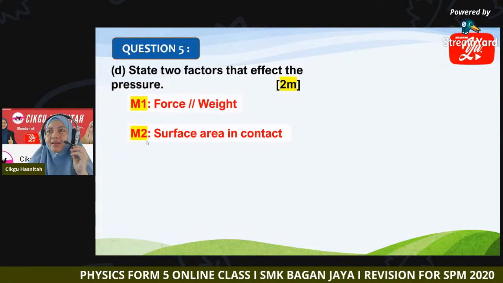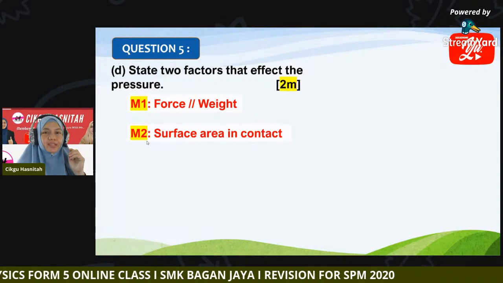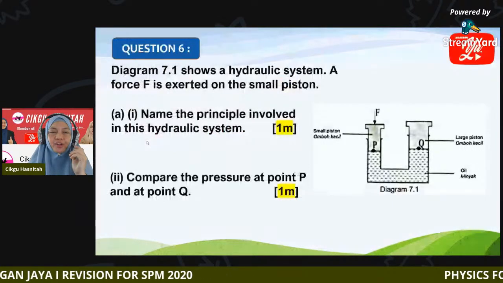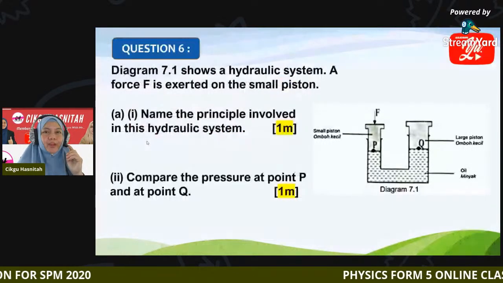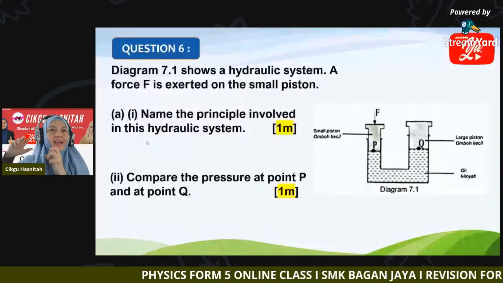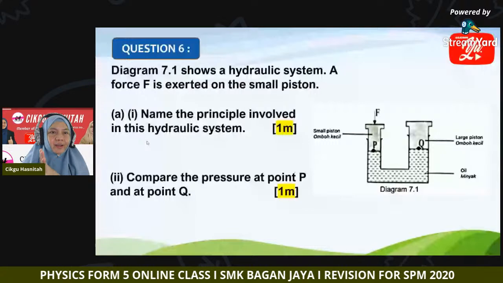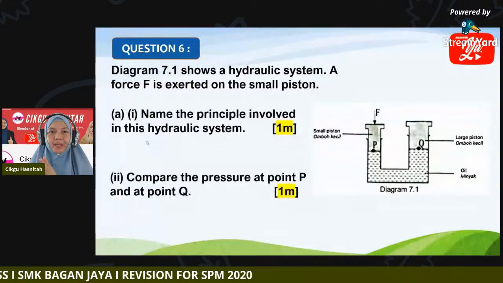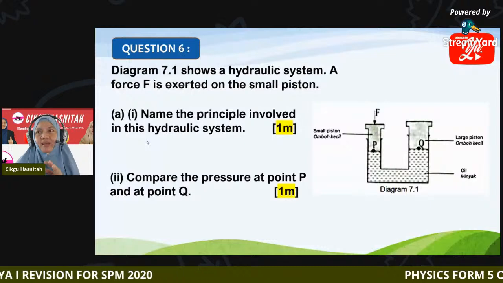So we go to question 6. Again, we have chapter 3, diagram 7.1. If you look at this diagram, directly it can bring you to what principle? A1, name the principle involved in this hydraulic system.